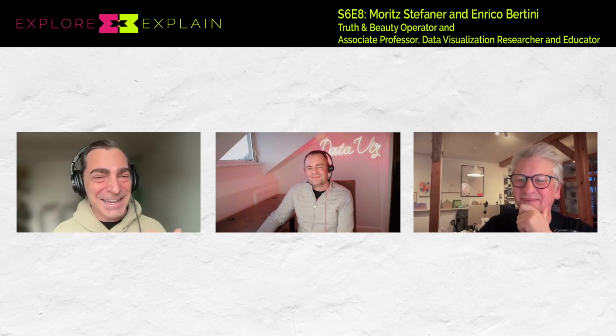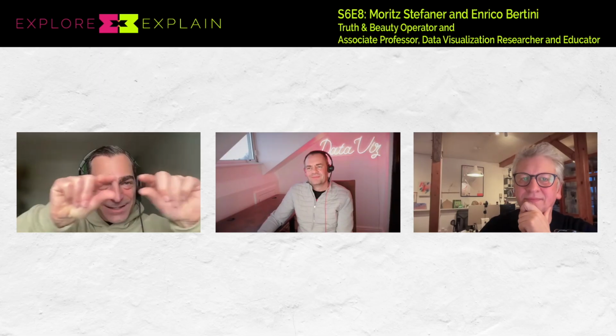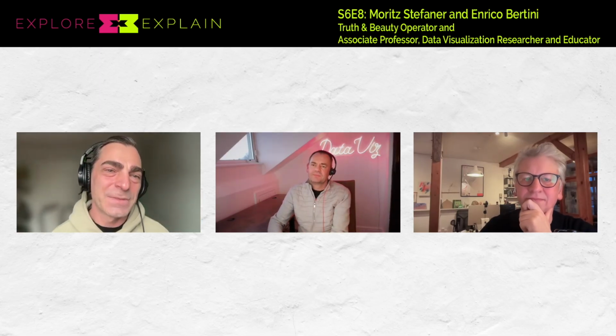Smart, yeah. And it turns out titles have a huge influence on what people retain and how they process the visualization, just by changing a little sentence on top, right?